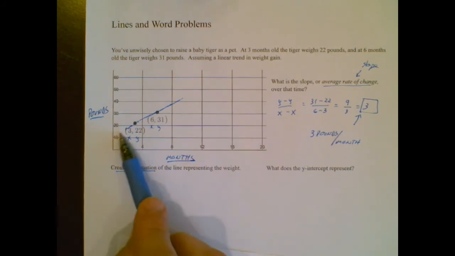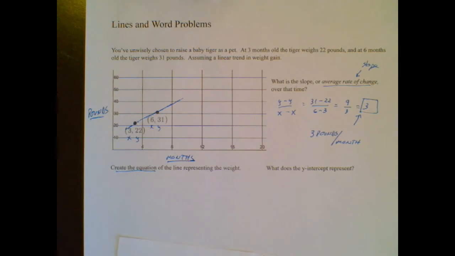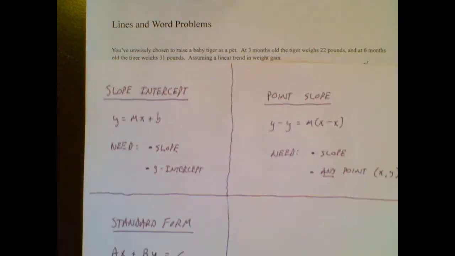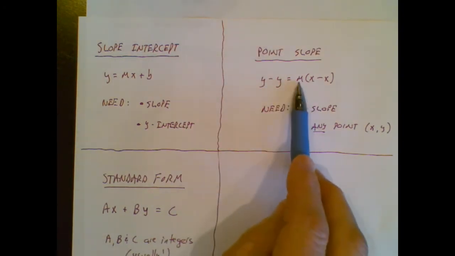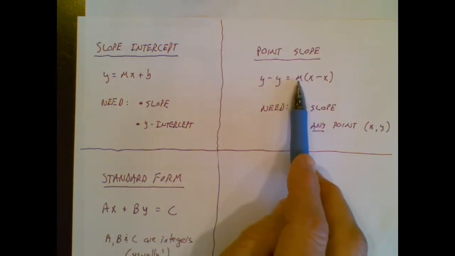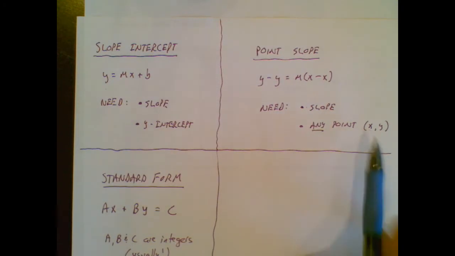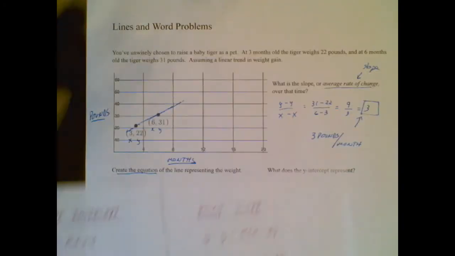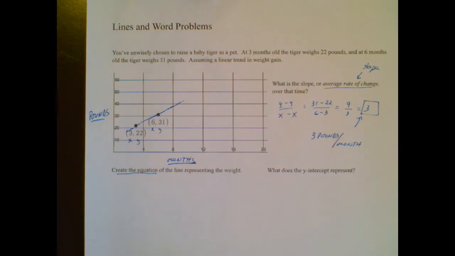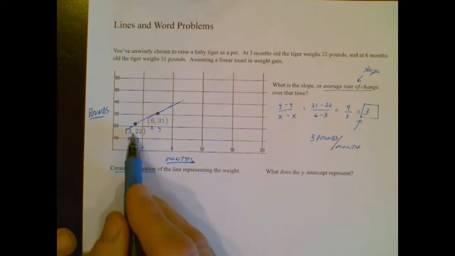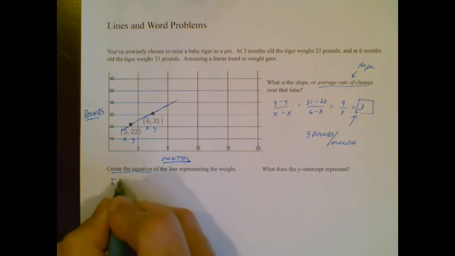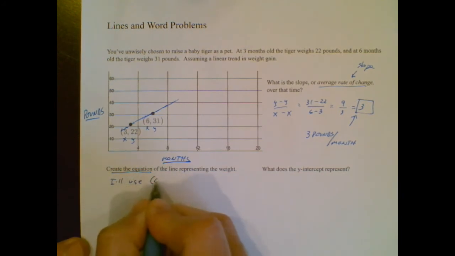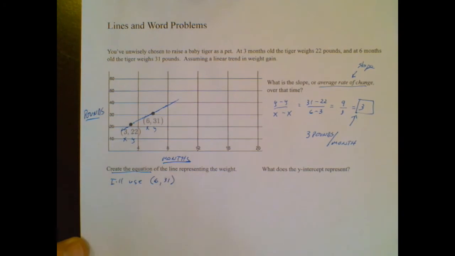We could maybe guess at a y-intercept, but we may not be correct. So then you think, okay, well, could I do point-slope form? I need a slope. I just figured that out. And I need any point. Well, that is going to work because we have 2 points to choose from. We can choose 3, 22 or 6, 31. So I'll use 6, 31, but that doesn't mean you have to.